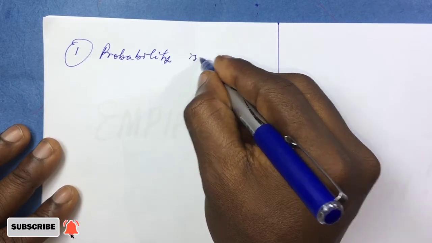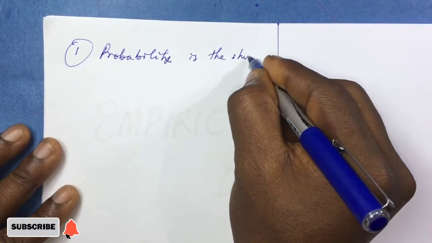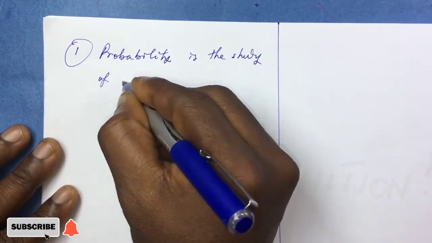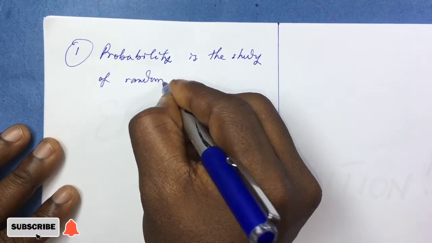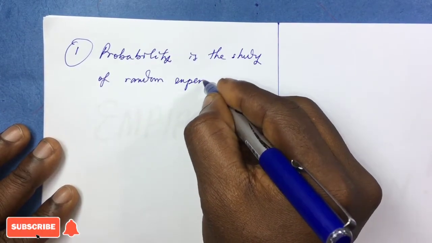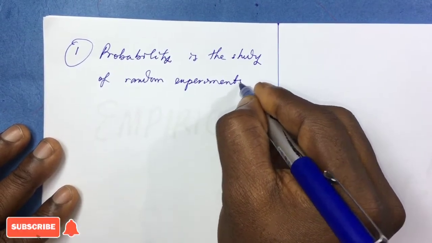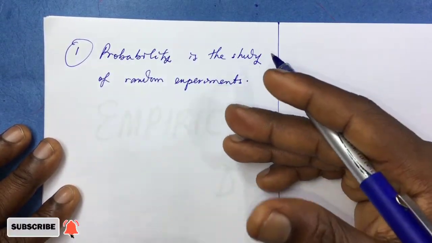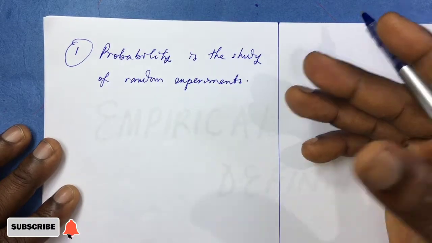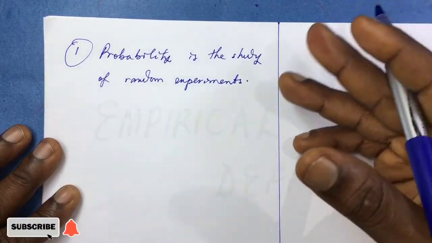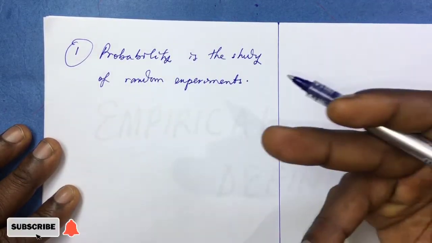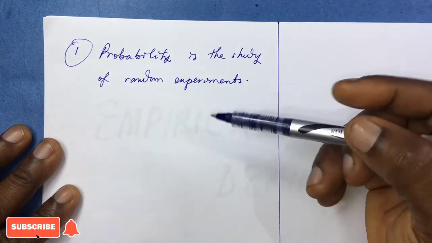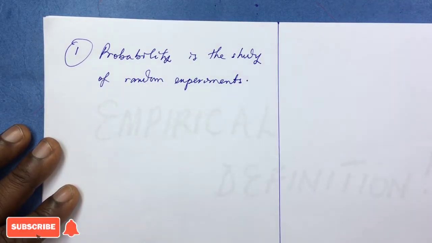Why is it the study of random experiments? It is because probability deals with experiments whose outcomes we cannot predict in advance. So you can define probability as the study of random experiments.